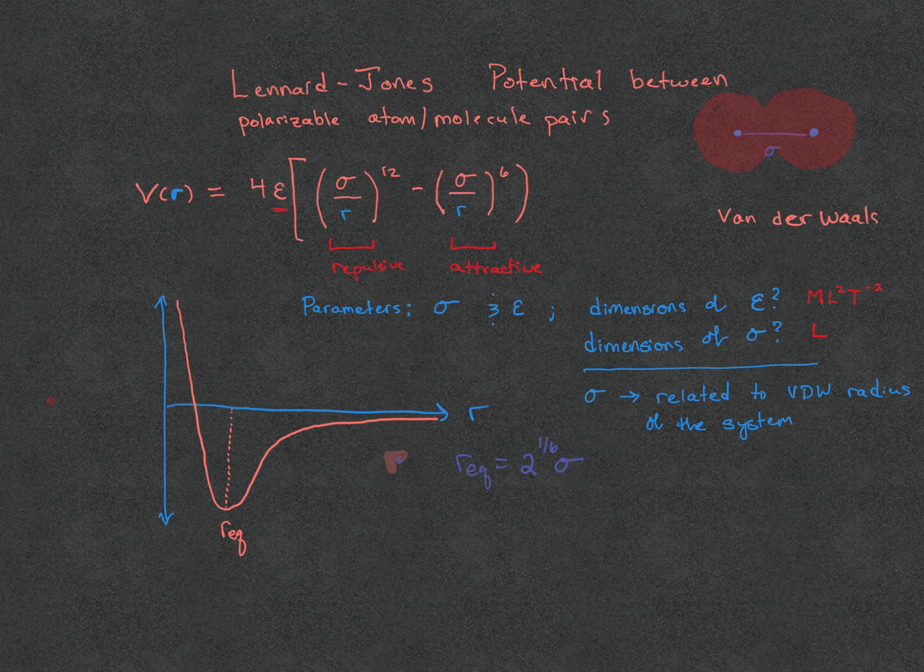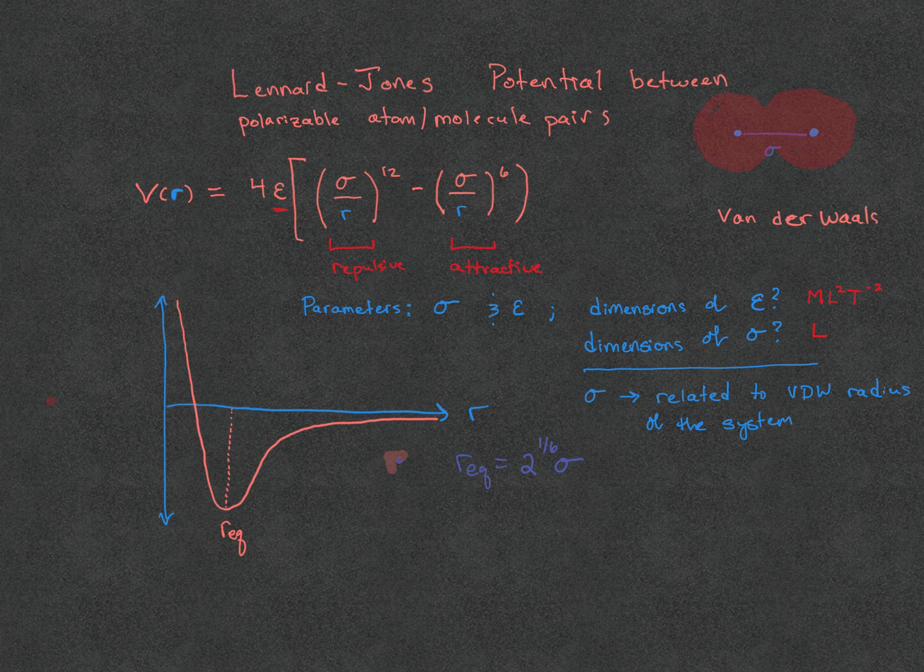And so if you make the R in the denominator 2 to the 1/6 power sigma, then you get something like -1 in this quotient here.